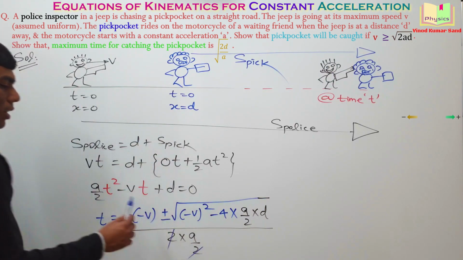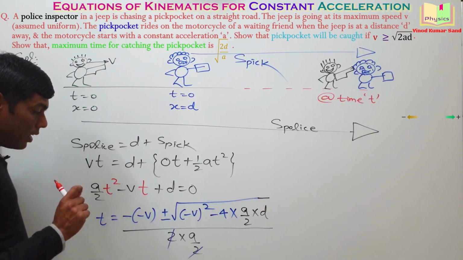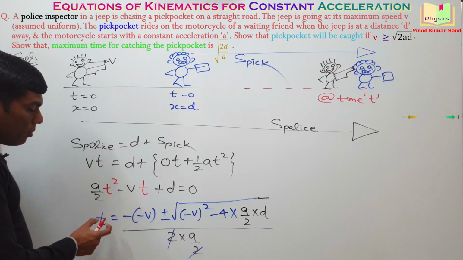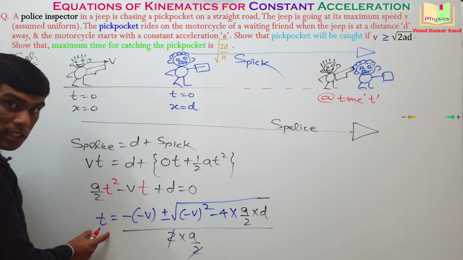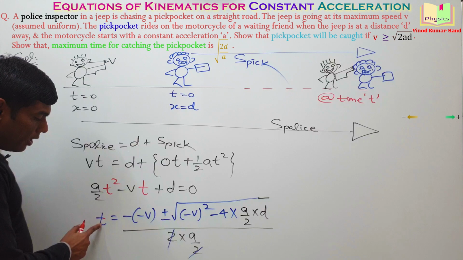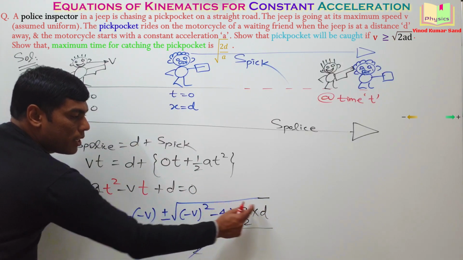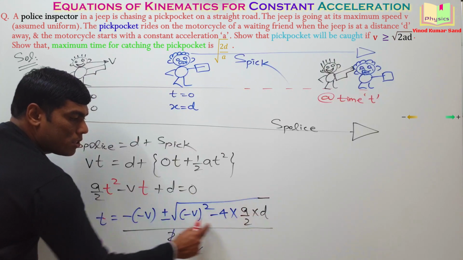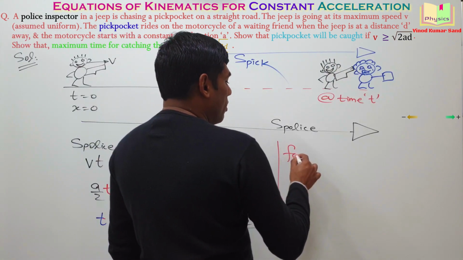This 2 is getting cancelled out. Is it okay? Now the moment of time cannot be imaginary. The t should be real. If t should be real, then this term inside the bracket should be greater than or equal to 0. I am doing that computation here.